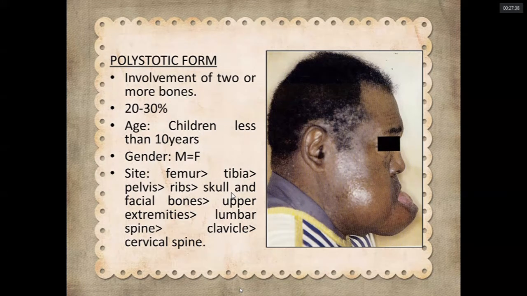Now, site commonly involves the femur, then tibia, then pelvis, ribs, skull and facial bones, upper extremities, lumbar spine, clavicle, and cervical spine. So these are the areas which are affected by polystotic form of fibrous dysplasia.